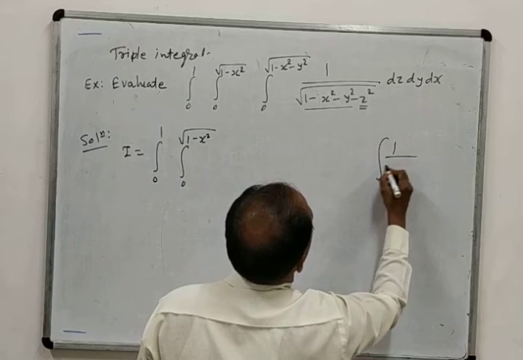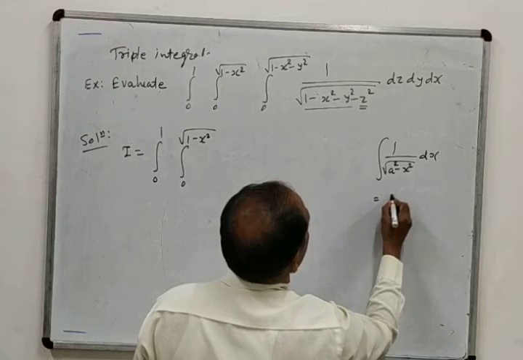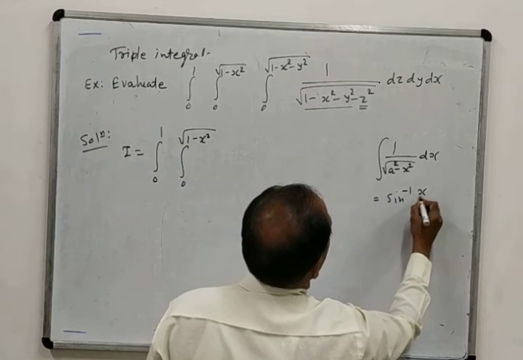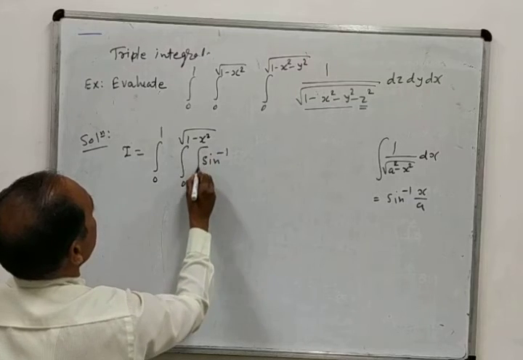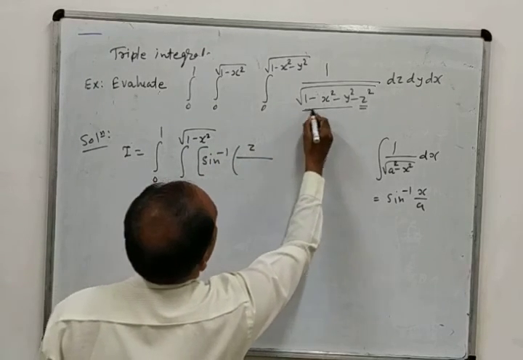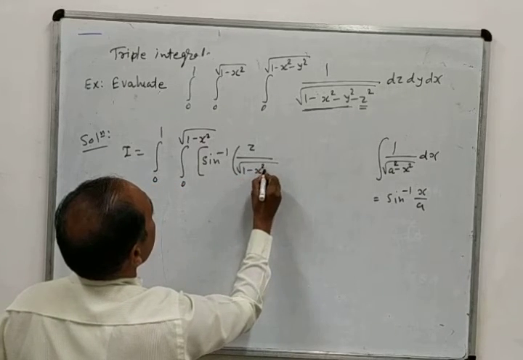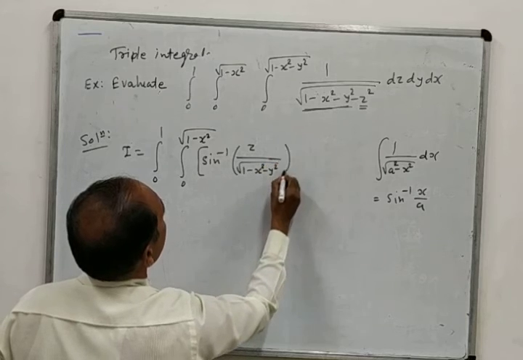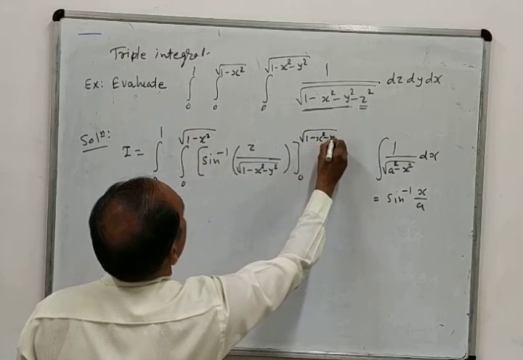We know that 1 upon root a square minus x square dx has the integration sin inverse x upon a. So here we will have sin inverse z upon a, where a is root 1 minus x square minus y square. So the limits are from 0 to root 1 minus x square minus y square.